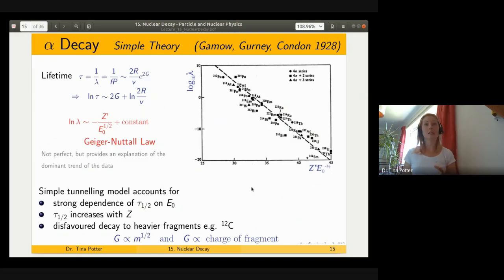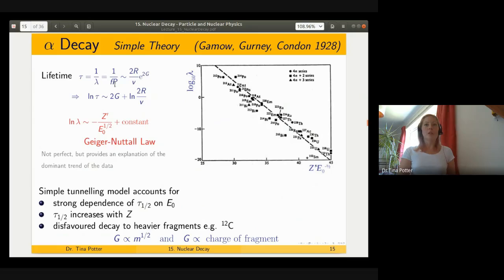And indeed it does. We can take the lifetime of our particle as 1 over the decay rate. We've said our decay rate is the trial frequency, which we've treated semi-classically, and the probability of escape, which we've treated as a quantum mechanical tunneling problem. So we've got 2r over v for our trial frequency and e to the 2g for 1 over our probability.